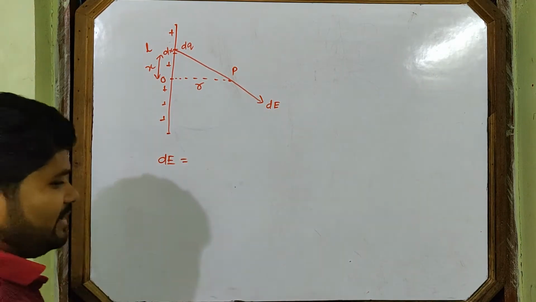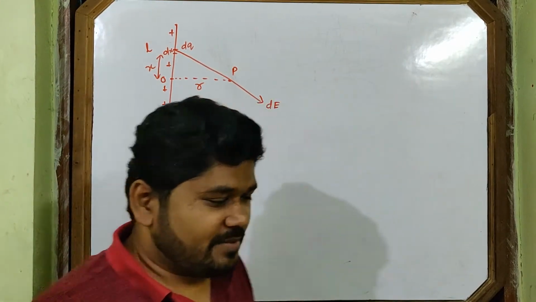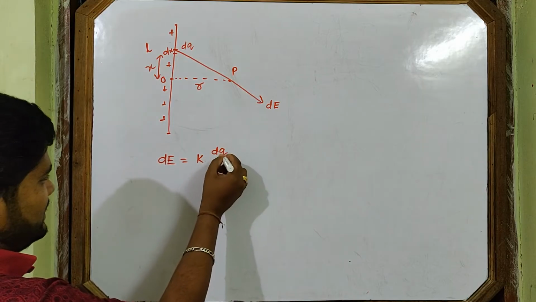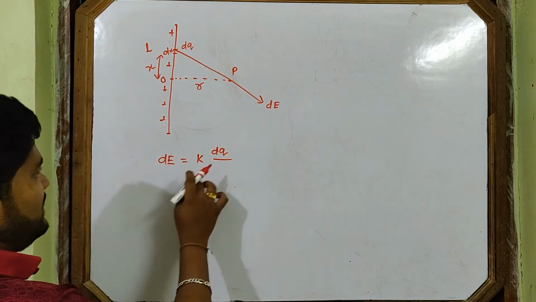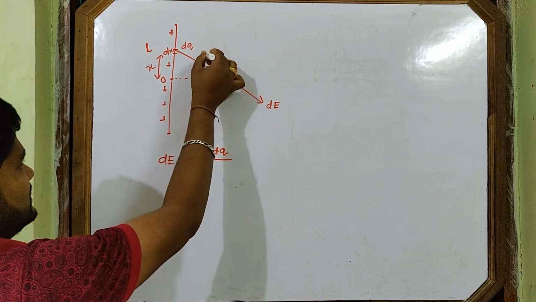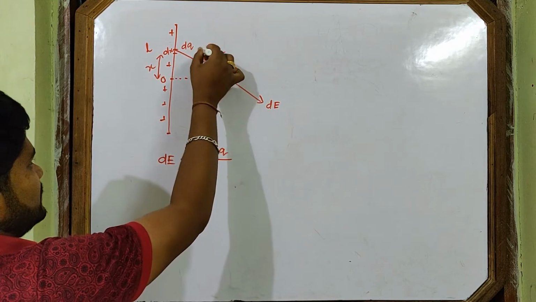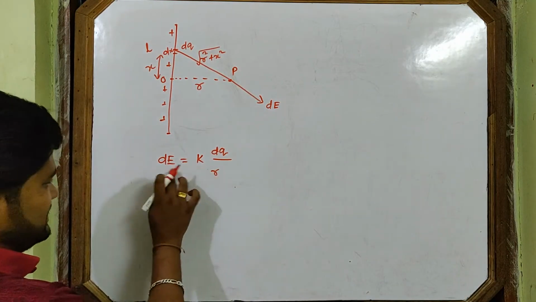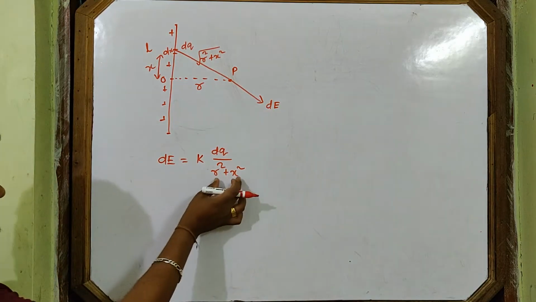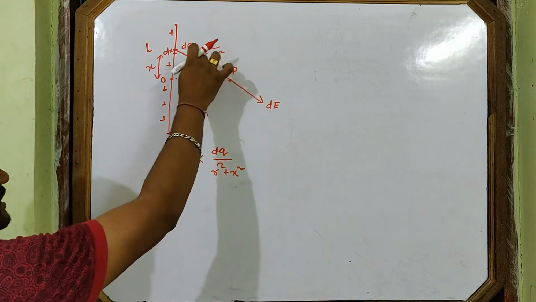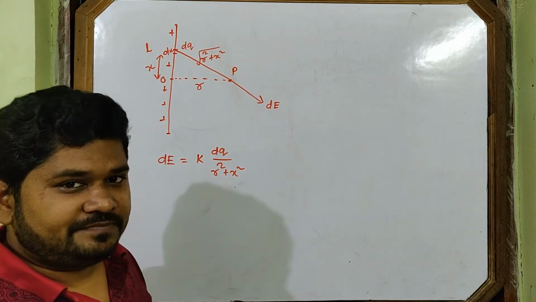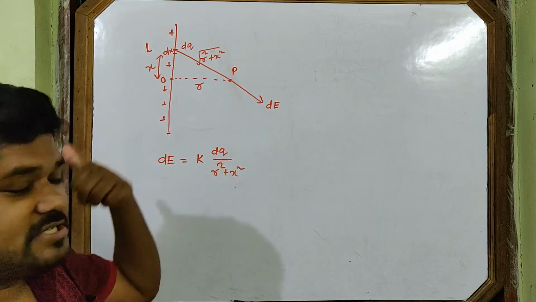Now we can use Coulomb's law here, because the section is considered a point charge. dE is k dq divided by the distance squared. The distance from the section to P is the square root of r squared plus x squared, so the distance squared is r squared plus x squared. This is the electric field due to the small section.